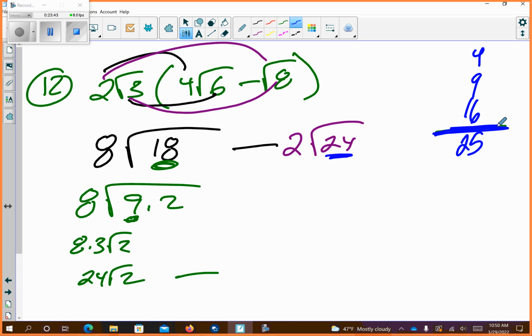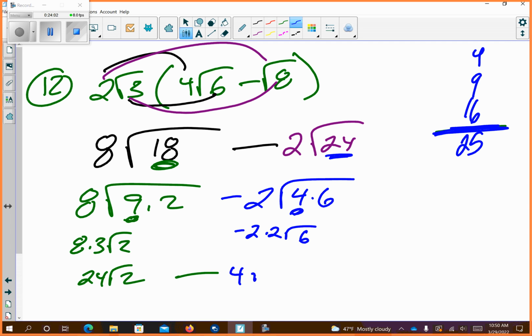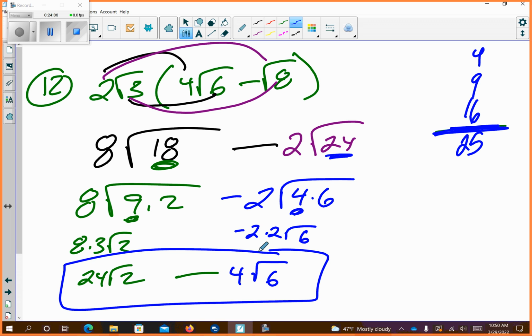Which two of those numbers would multiply to give me 24? 4 and 6, right? Cool. Square root of 4 is 2. So it gives me minus 4 root 6. I can't get any further. That's done. Correct. Looks good.